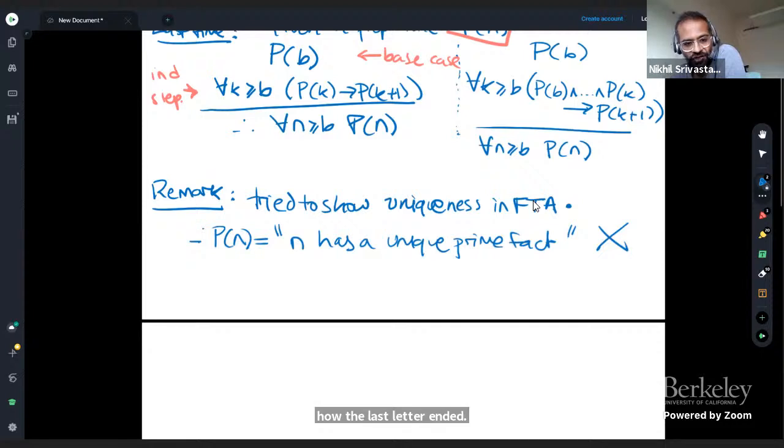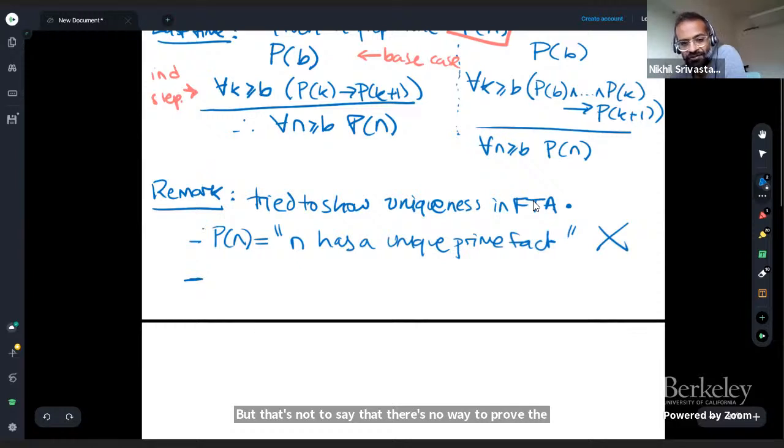But that's not to say that there's no way to prove this statement using induction. There is a way, but you have to do induction not on the value of the number, but on the number of prime factors.